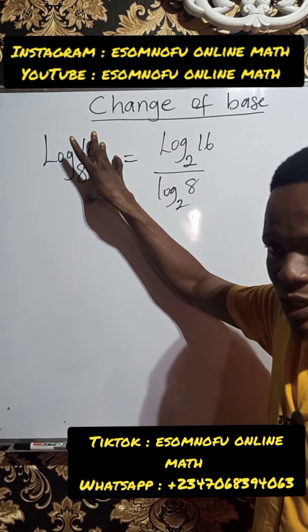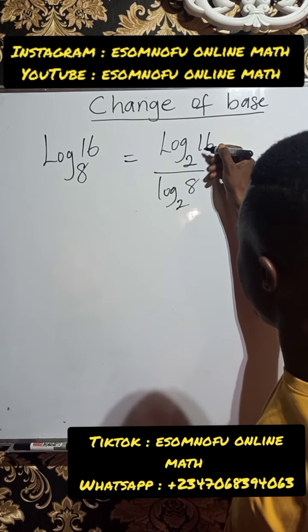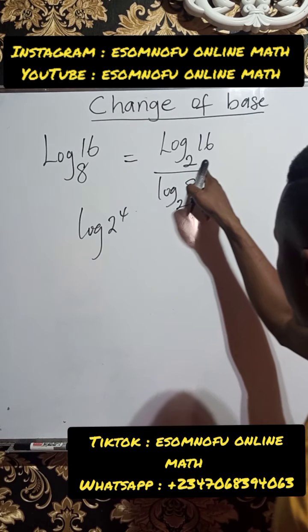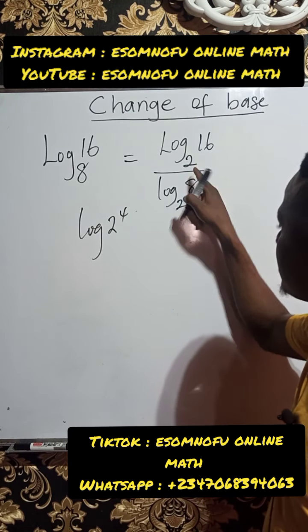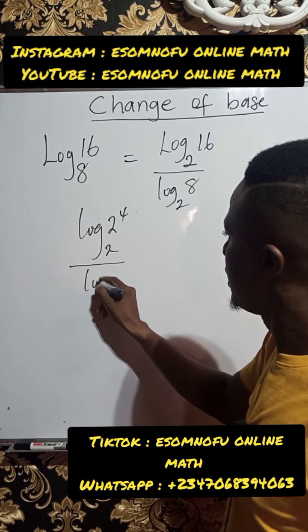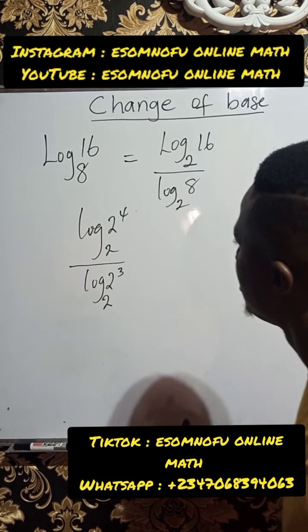This doesn't change the value. Now, this 16 can be seen as 2 to the power of 4. When I multiply 2 by itself 4 times, I'll get 16. Then you write your base of 2 all over. For 8, 8 is the same thing as 2 to the power of 3, base 2.